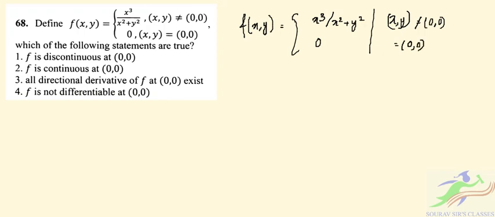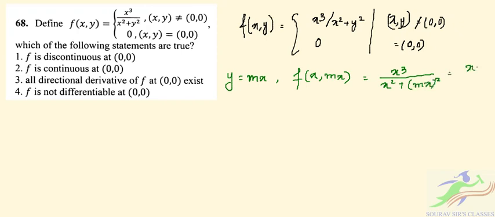If we put y equal to mx, then f(x, mx) can be written as x cubed by x squared plus mx whole squared, which we simplify as x by 1 plus m squared.